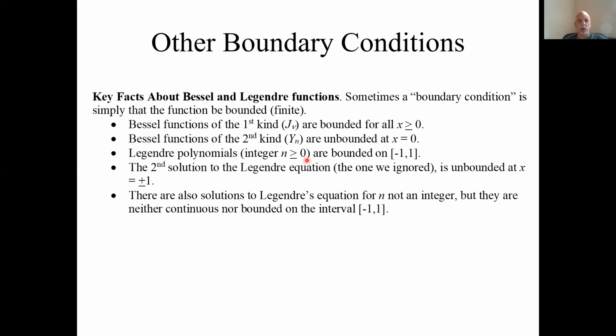The Legendre polynomials are bounded on the whole interval of convergence, including the two endpoints. The other solution, the one that wasn't a polynomial that got truncated, is unbounded at the two endpoints. So if you require your solution to be bounded even at the endpoints, you won't be able to use this second particular solution.